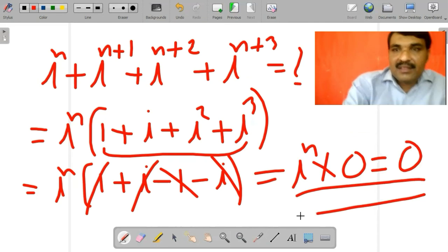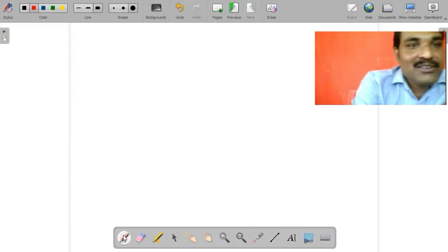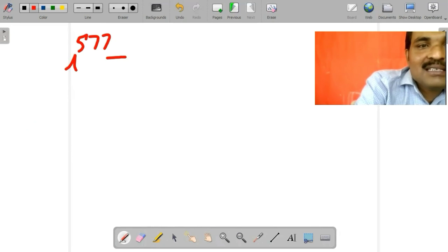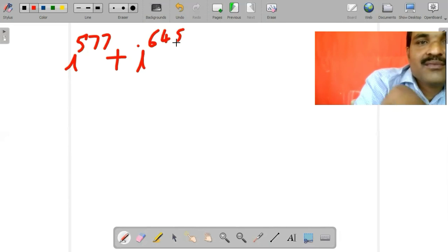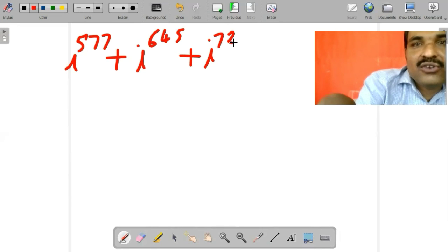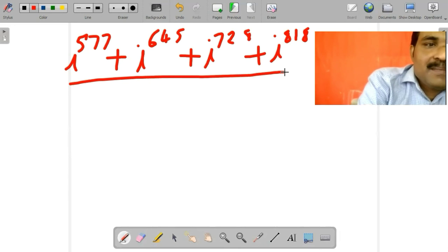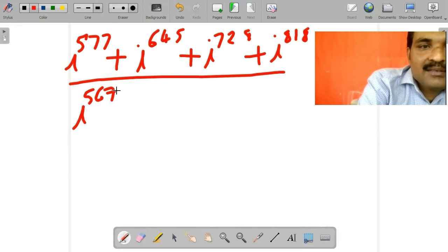Okay. Let us look at a question, a division question, right? Now iota raised to 577 plus iota raised to 645 plus iota raised to 728 plus iota raised to 818, this whole divided by iota raised to 567, right?